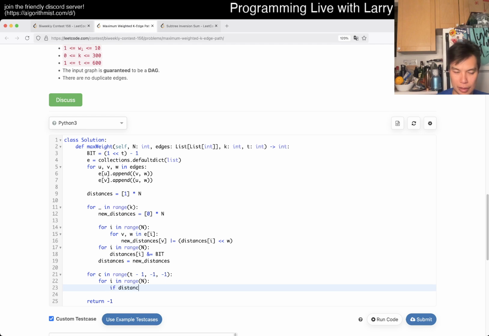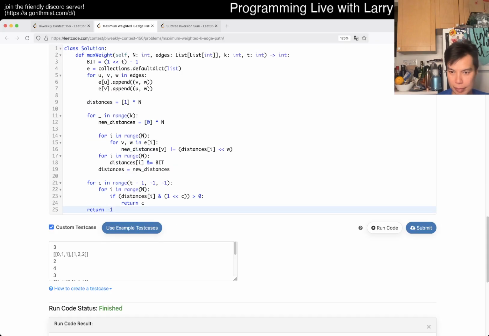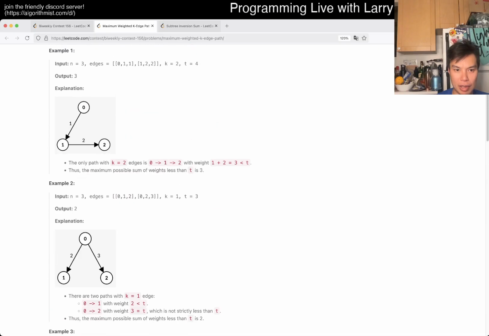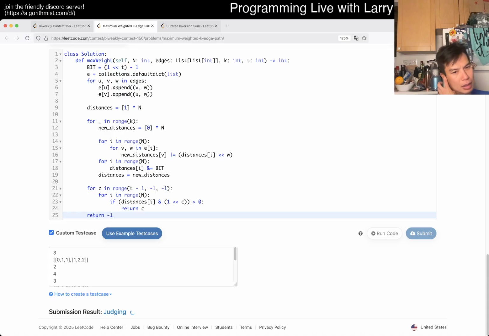If distances of I, return C, something like that. Is it fast enough? I don't know. 320, am I right? Okay. YOLO submit. I wouldn't be surprised if this times out.